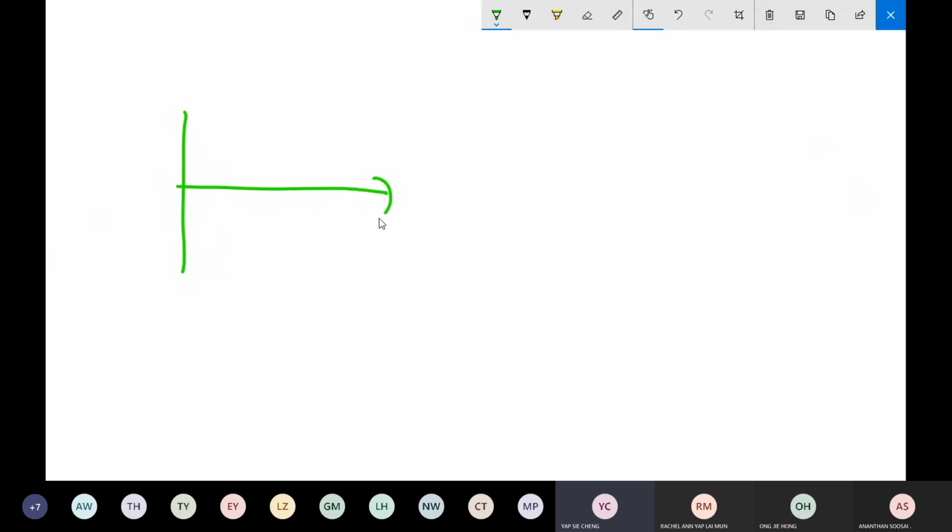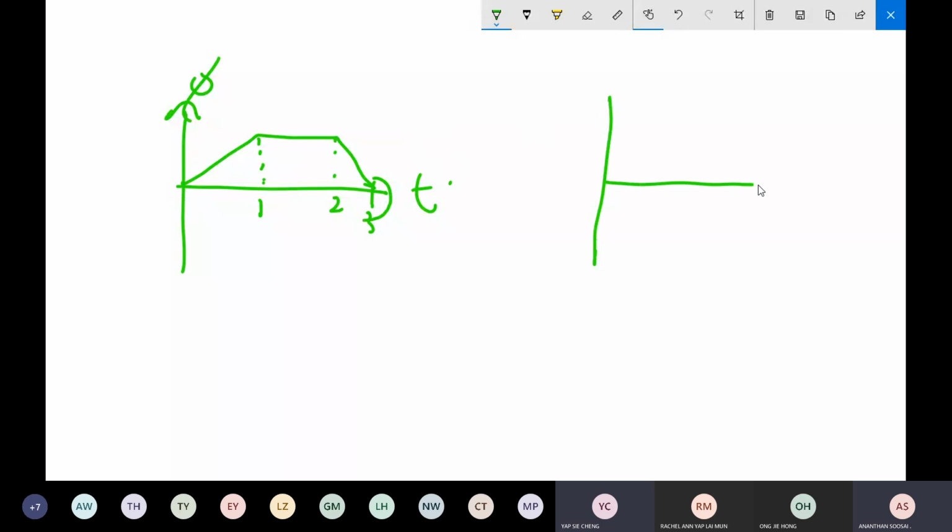Now, the flux graph is like this. Okay, this is 1 second. This is 2 seconds. This is 3 seconds. Okay, how does the EMF graph look? Please catch for me.